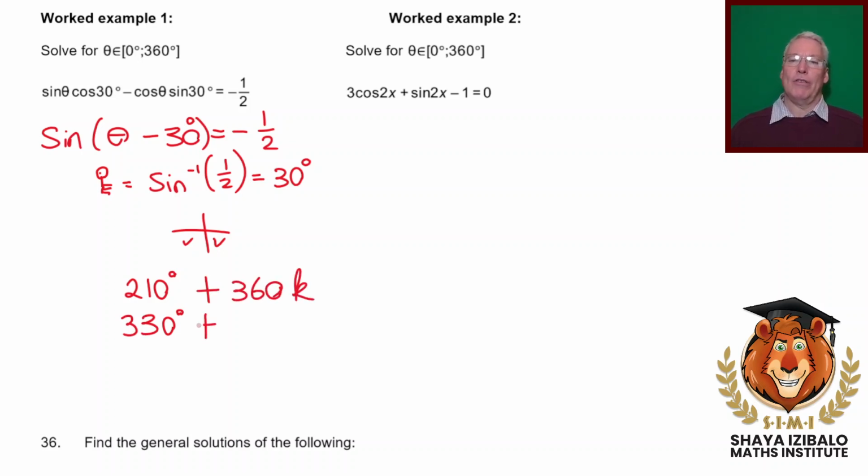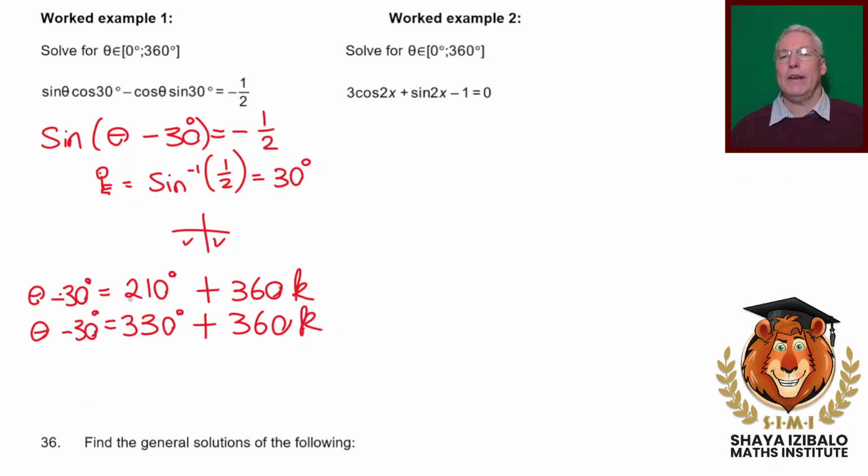Okay, I'm doing a general solution here. We don't really need the general solution for this one. And this is not theta, this is theta minus 30. So theta minus 30 is that, or theta minus 30 is that.